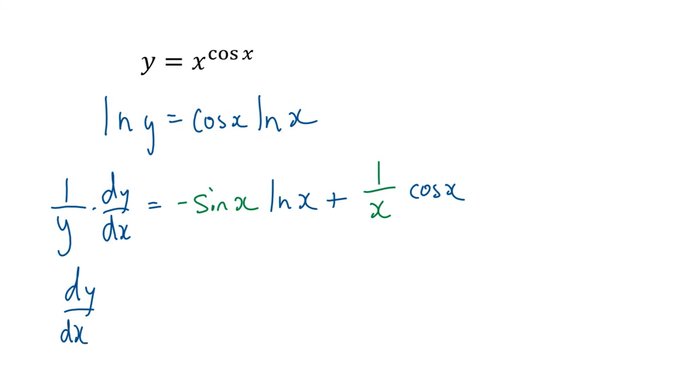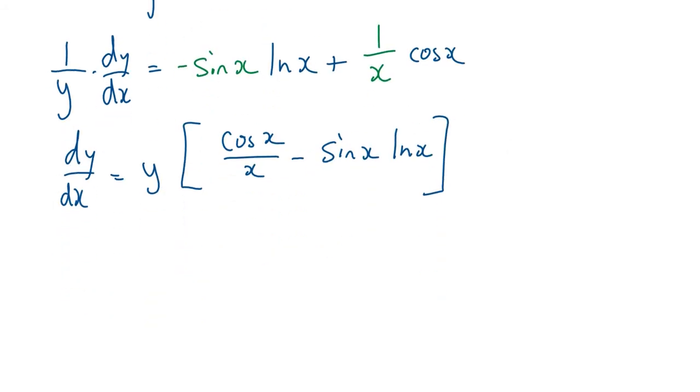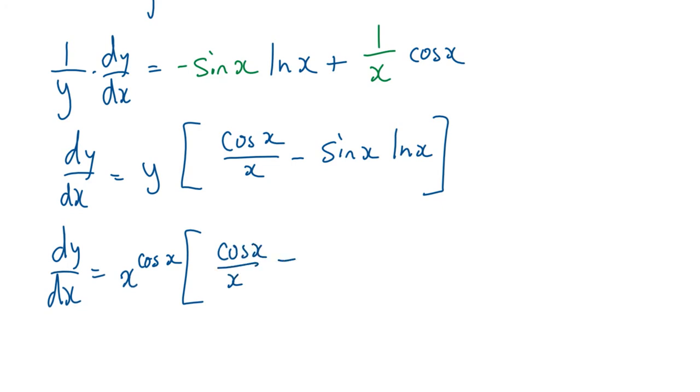Isolating for dy by dx. Again, we get y times cos x over x minus sine x ln x, and then replace y, and that's not going to simplify any further, and we're done.